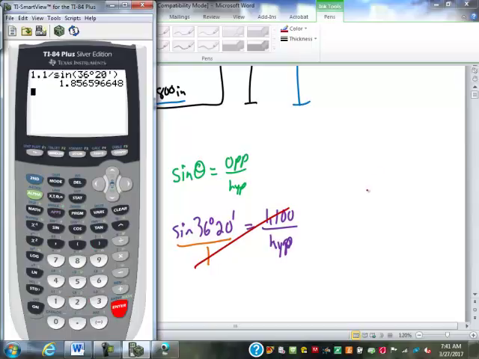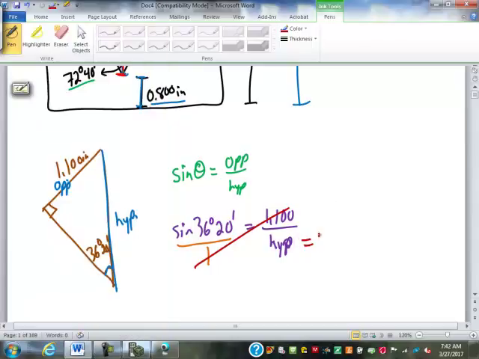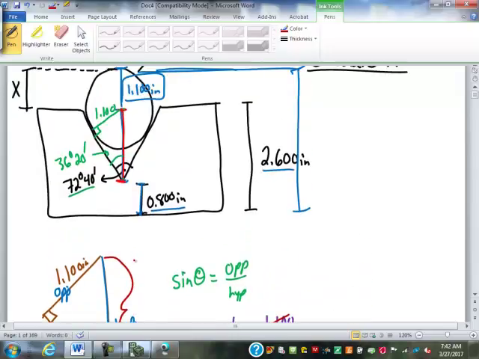And that gives me that the hypotenuse is 1.857 if we round that to 3 decimal places. So this dimension is 1.857, which is, in this drawing up here, this dimension right here.